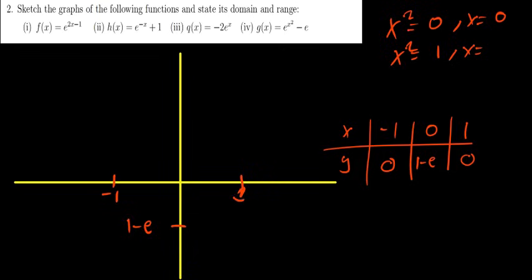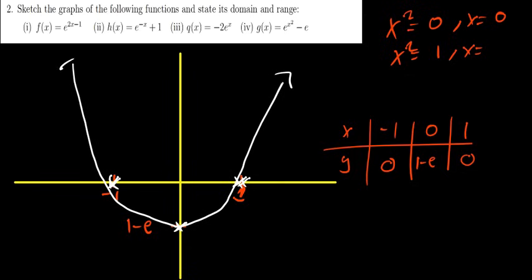If we look at this, -1, 0 is here, 0, 1 minus e is there, 1, 0 is there. So the nature of the graph will be going like this. It comes there, it touches these two, then it goes there. So you put the arrows because you do not know where the graph is ending. Okay? So this is the nature of the graph.